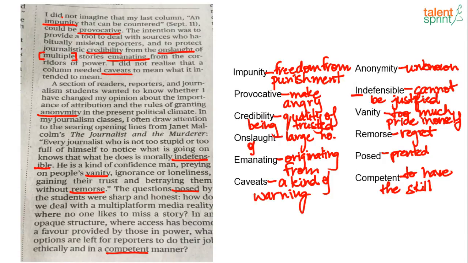The questions posed by, so when he quoted this, you know, whenever you quote something, people always ask you questions. So the questions that were asked by students were sharp and honest. How to deal with a multi-platform media reality where no one likes to miss a story. So they wanted to know how they deal with the situation where everyone wants more information.